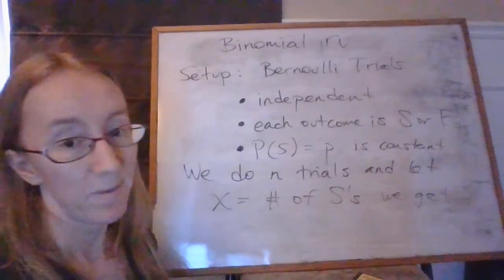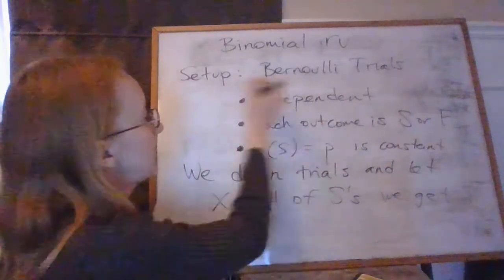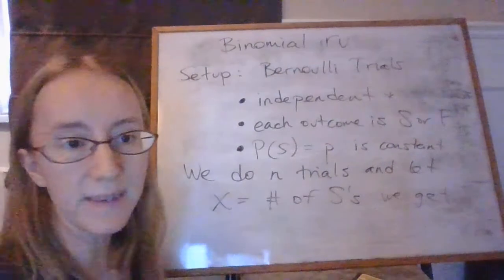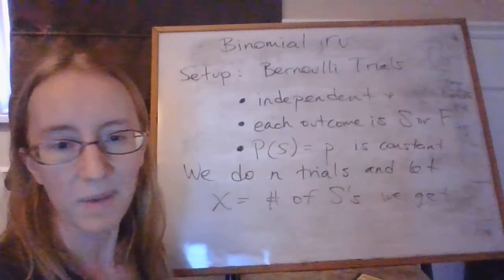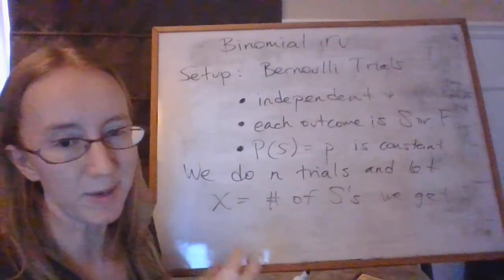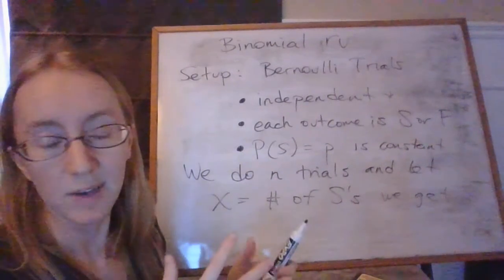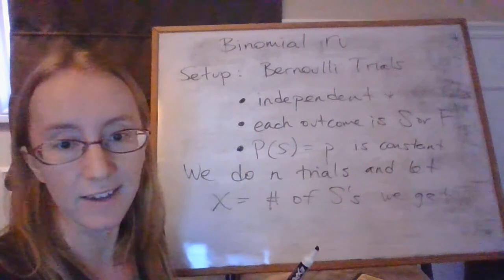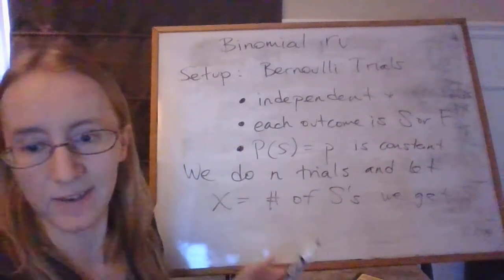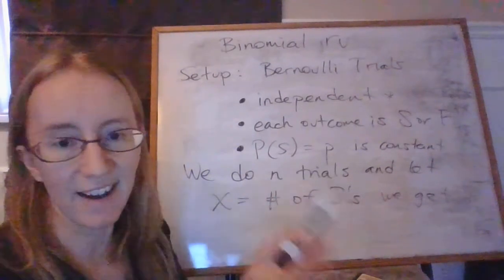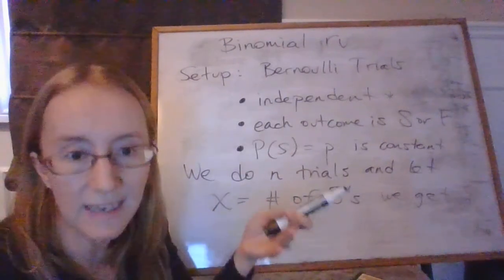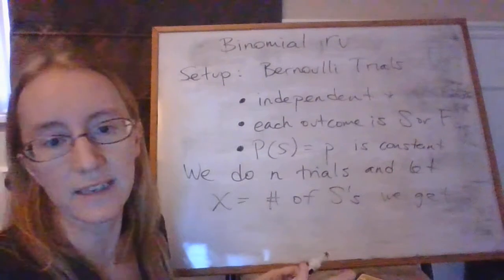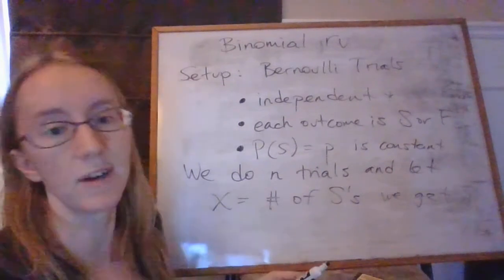But with the binomial, the key is that the trials are independent. With the hypergeometric, that's not true, because we're selecting without replacement. If we get a success on the first selection, the other selections are less likely to be a success. So the probability of whether the next object is a success will change based on what occurred earlier.